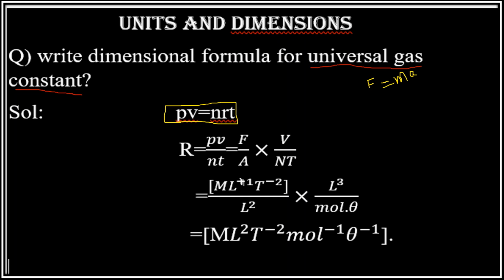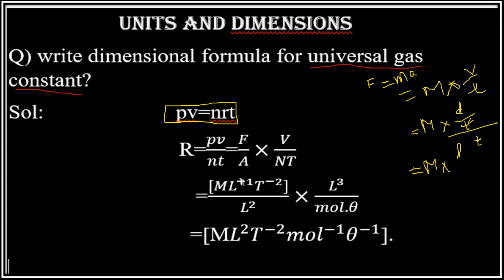We know force equals m a. M means the dimensional formula is M. Acceleration means rate of change of velocity with time, that is v by t. Here m remains the same. V means again distance by time, distance by time, divided by time again. Finally it becomes m into d by t square.